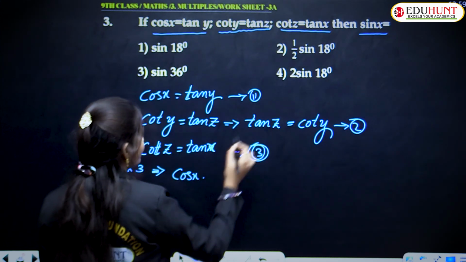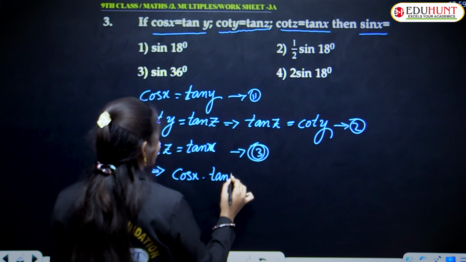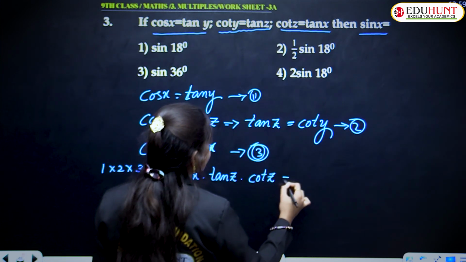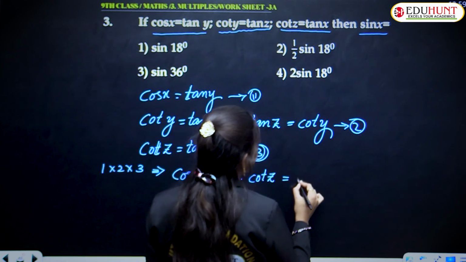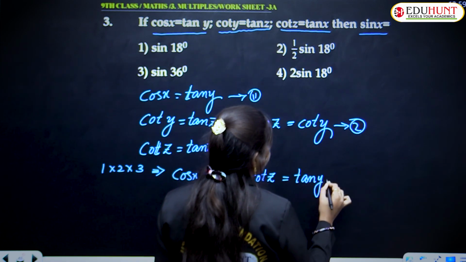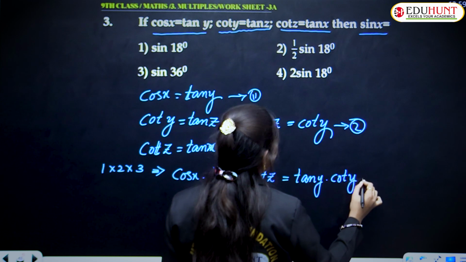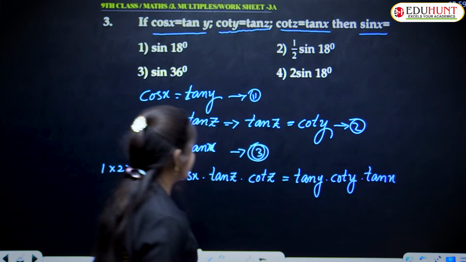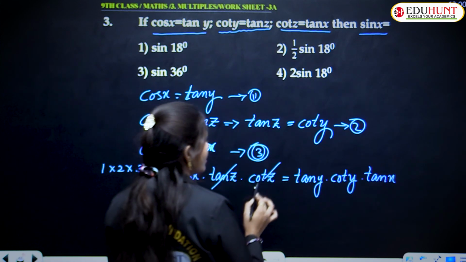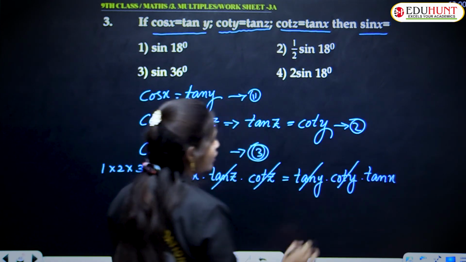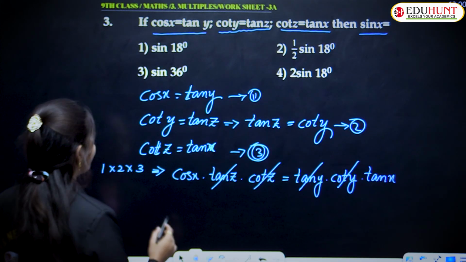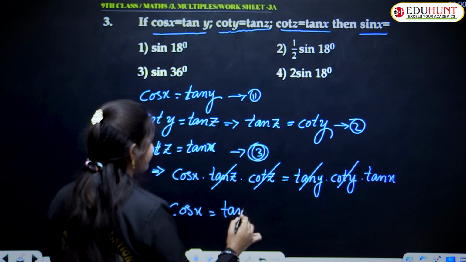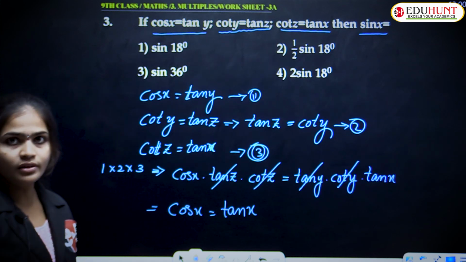So cos x into tan z into cot z, which is equal to the right hand side: tan y into cot y into tan x into tan x. So here tan z and cot z get cancelled, tan y and cot y get cancelled. So from this one cos x is equal to tan x.